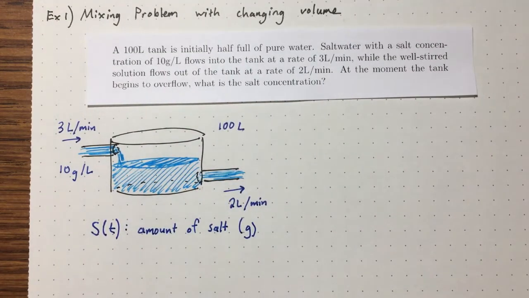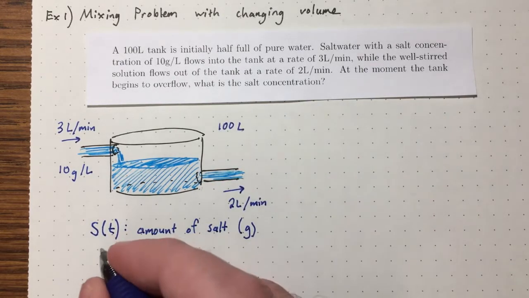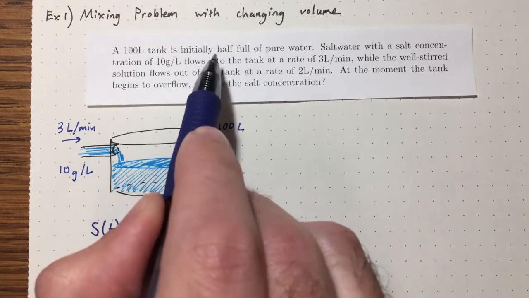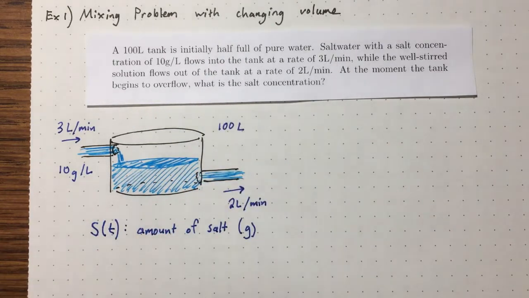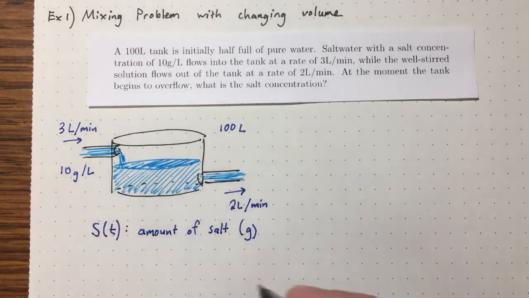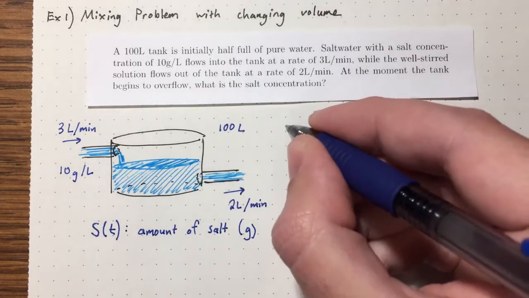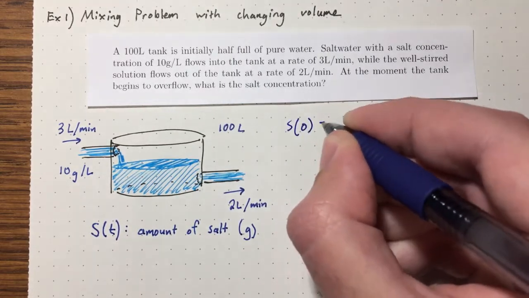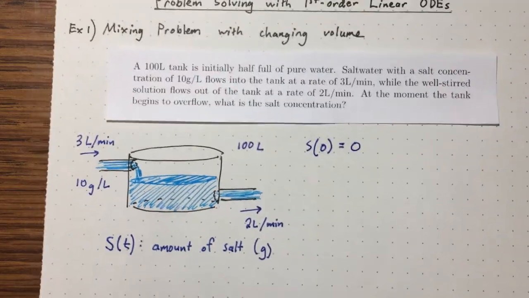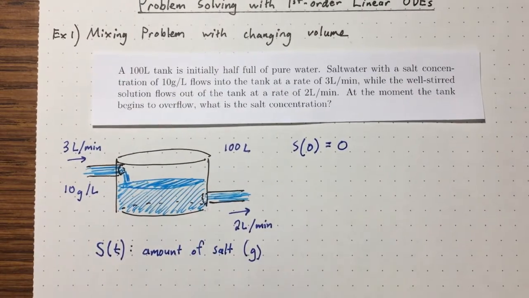Okay. And our goal is going to be to write a differential equation. That'll be our first goal. Let's also just note, what is our initial condition here? So it's initially half full of pure water, which means that S of 0 is going to be 0, right? Not 50, it'll be 0 because S is the amount of salt.